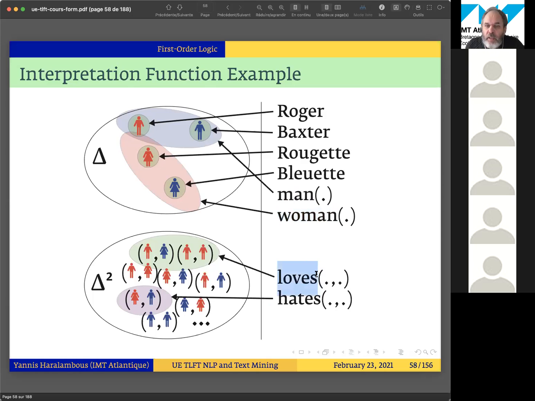Whenever you have a binary predicate, it can be represented by a subset of the square of your domain. These are all pairs of elements of your domain. Some of them are true when we apply the predicate loves to them. Some of them are true when we apply the predicate hates to them. And some are both, and some are none.